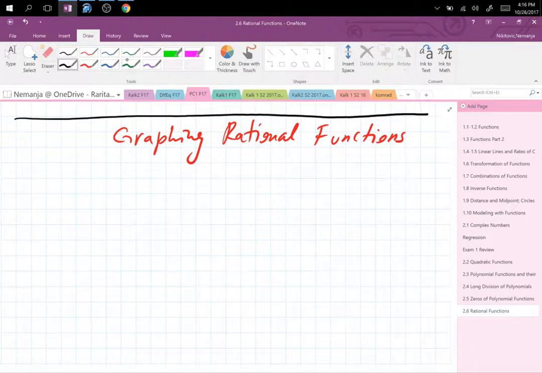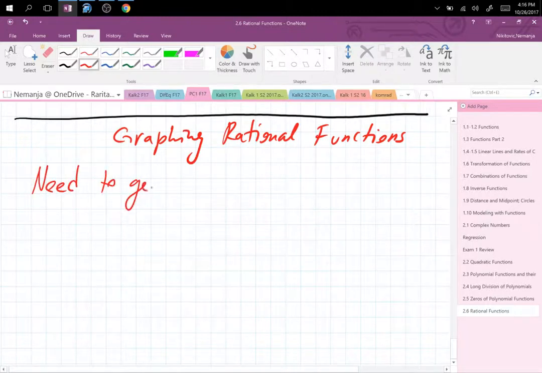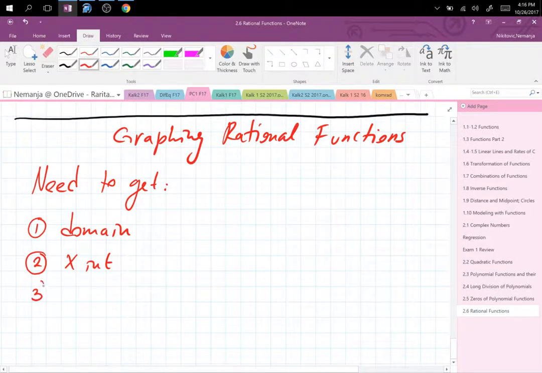So what is the shopping list of things that you must get to graph? Number 1, domain. Number 2, x-intercept. Number 3, y-intercept.